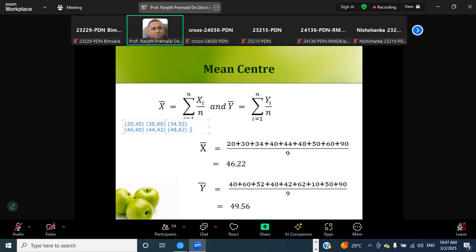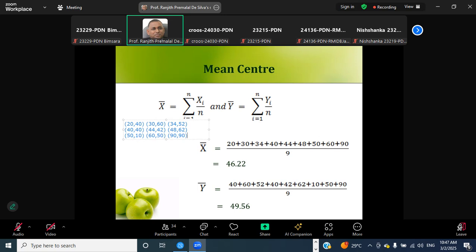The next one is 50, 10. The next one is 60, 50. And the last one is 90, 90. Right? This is the set of coordinates. So now what we do is we take the x values and average them, and the y values and average them.